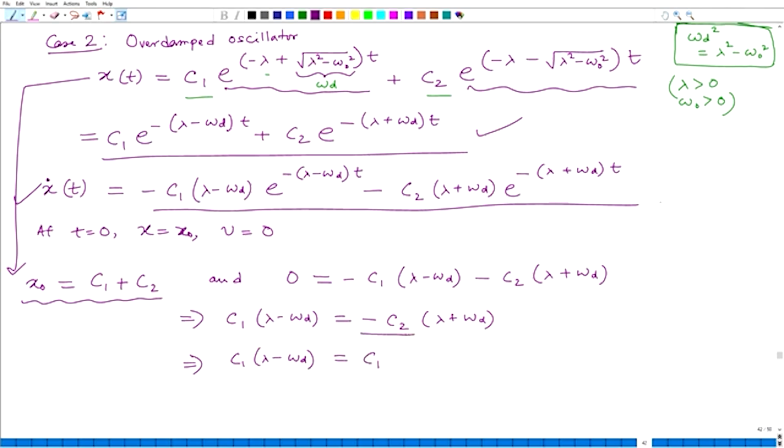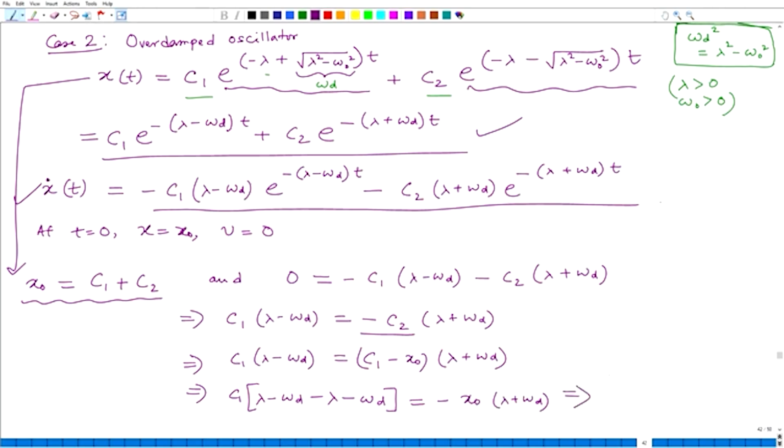So it will be (C1 minus x0) times (lambda plus omega d), and you will have C1 (lambda minus omega d minus lambda minus omega d) is equal to minus x0 (lambda plus omega d).